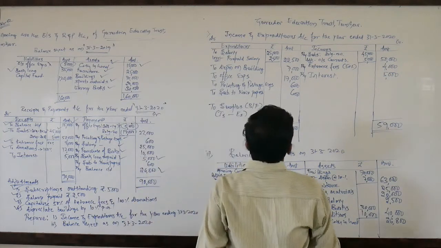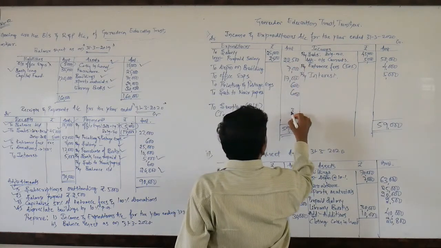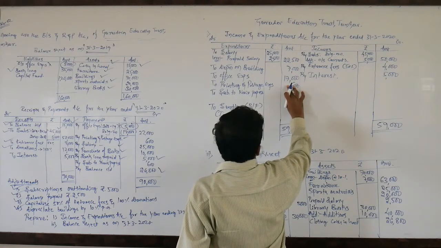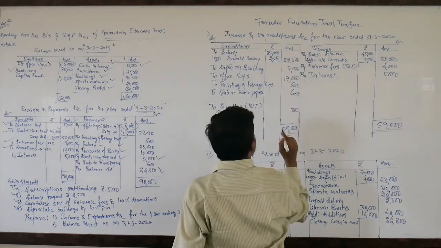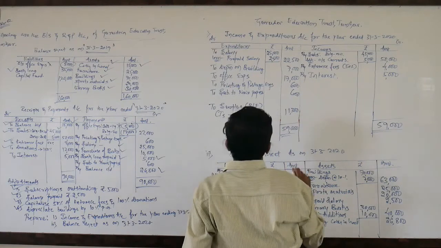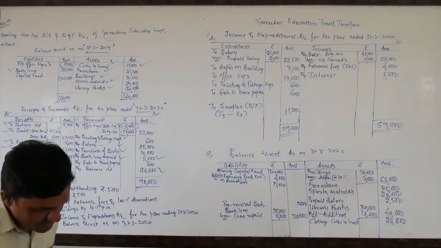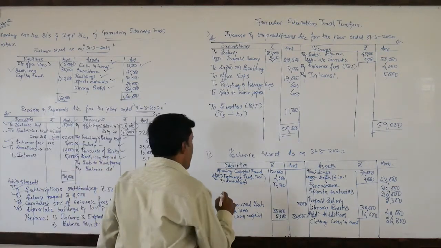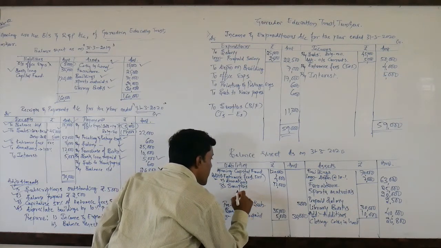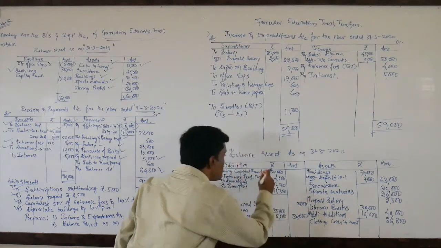So here you can ascertain 11,300 is the surplus. Yes, I am right. Here I need to add this surplus of rupees 11,300 to the capital fund.